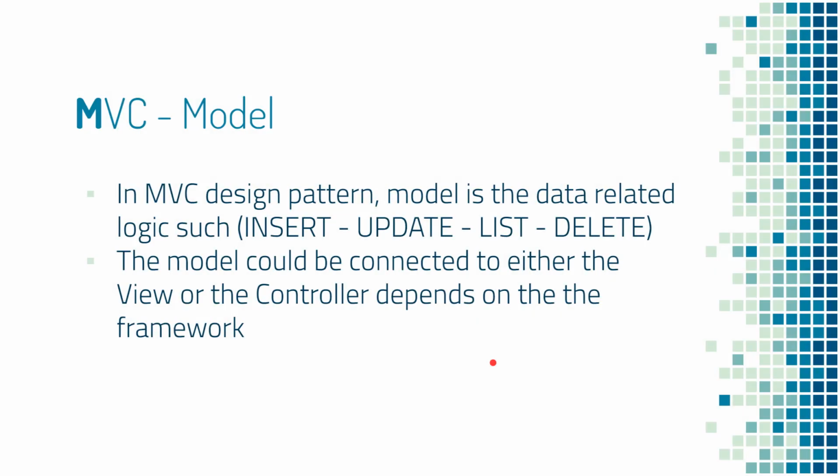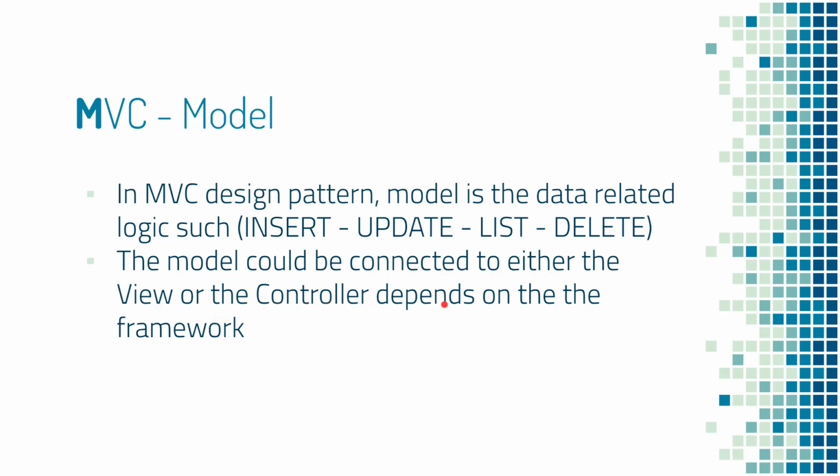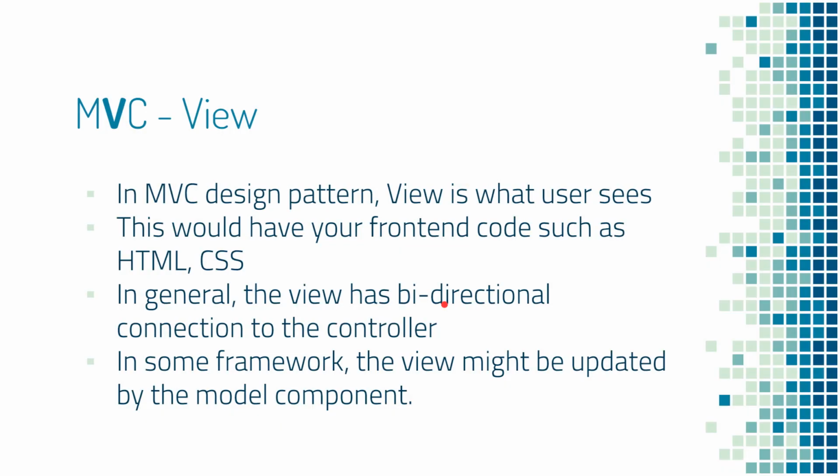So as I said, in MVC, the model is the data-related logic, such as insert, update, list, delete, all database operations. The model could be connected either to the view or to the controller, depending on the framework. The view is what a user sees.